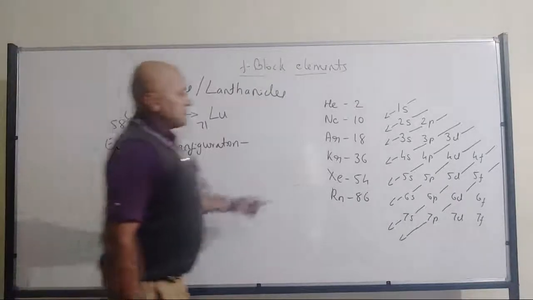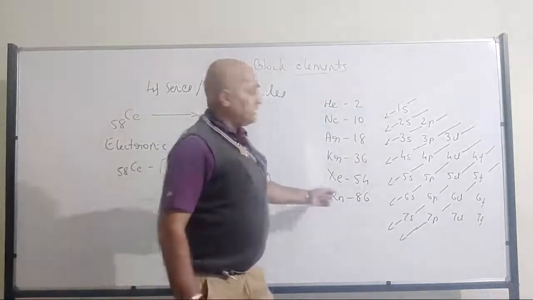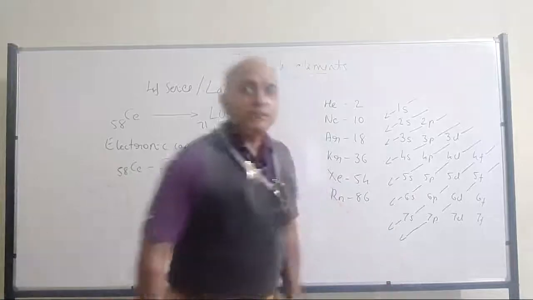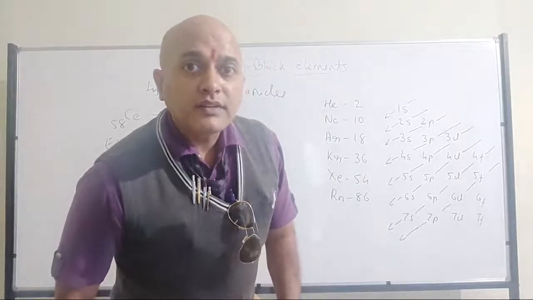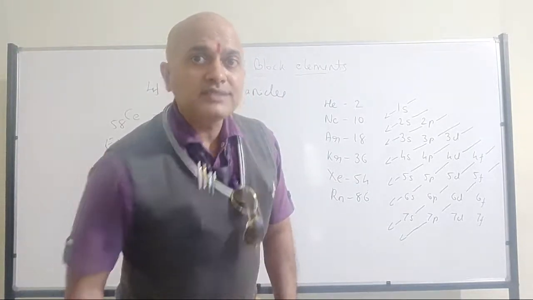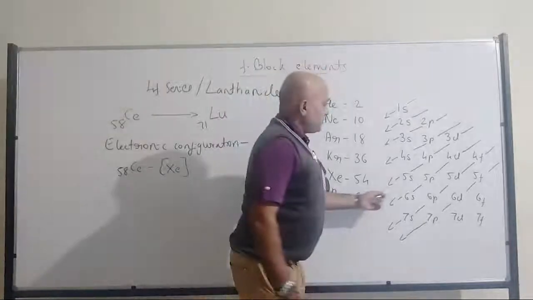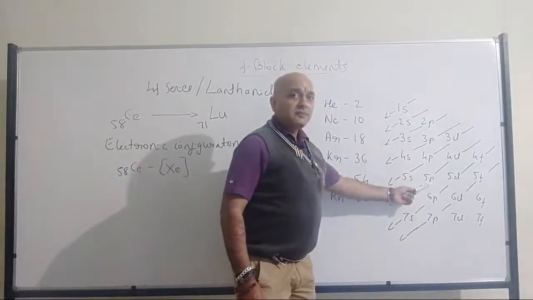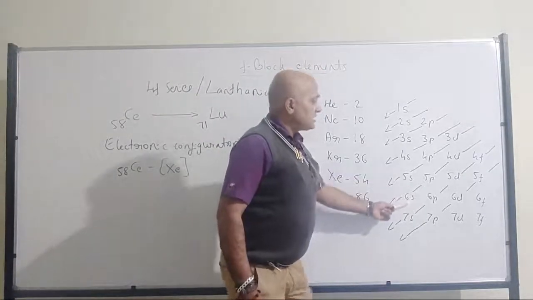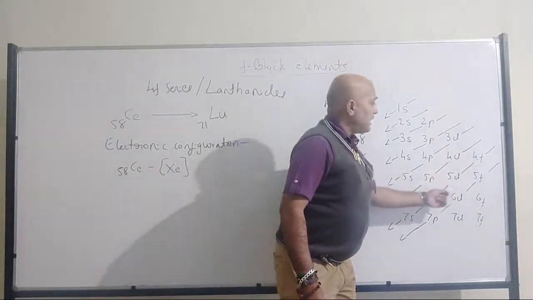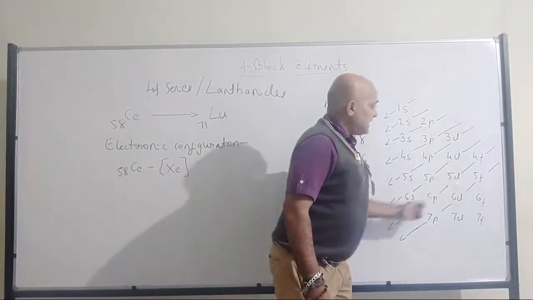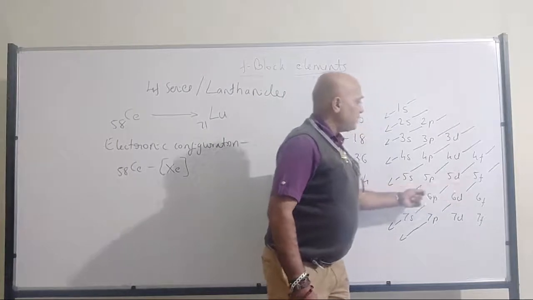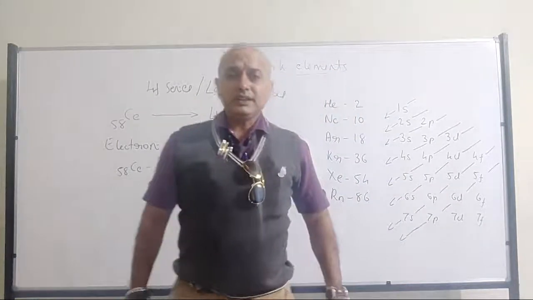Xenon belongs to the fifth period, that means up to 5p. So for 5p we are done. Then we have to go with 6s, 4f and 5d.